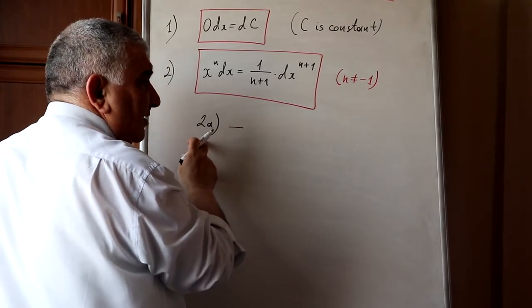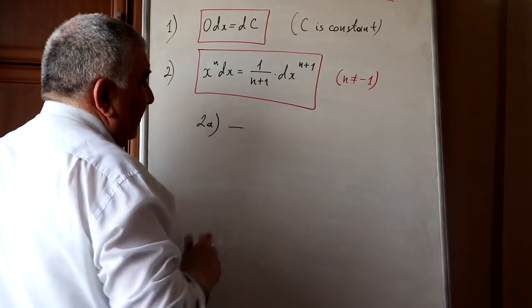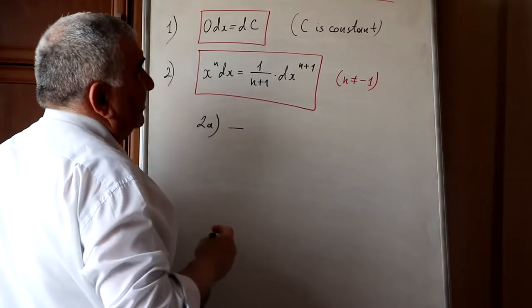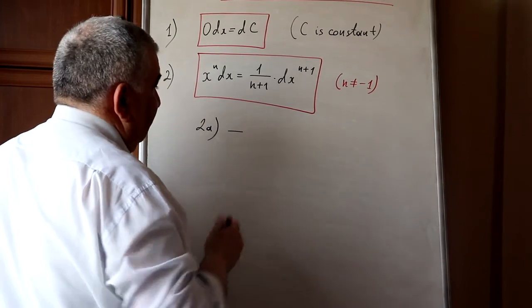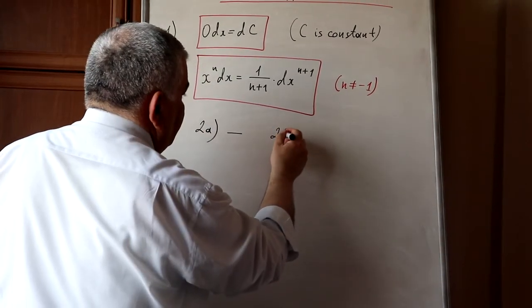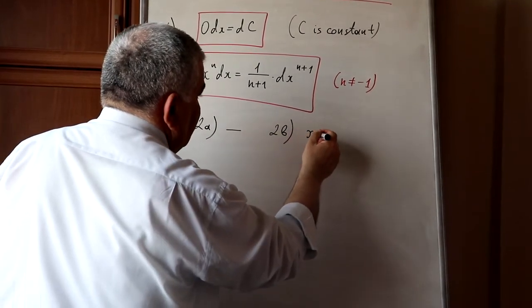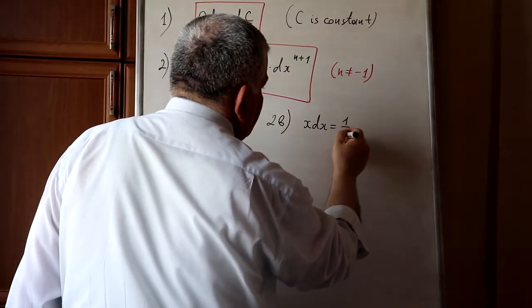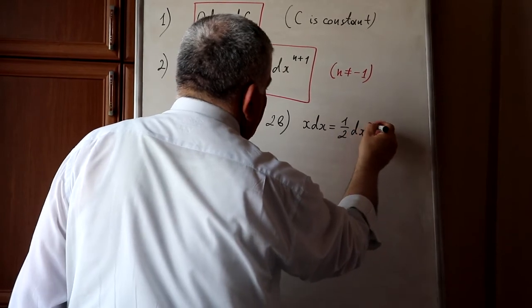I try to enumerate these points according to the derivative table. 2b, x dx is 1/2 d x squared.